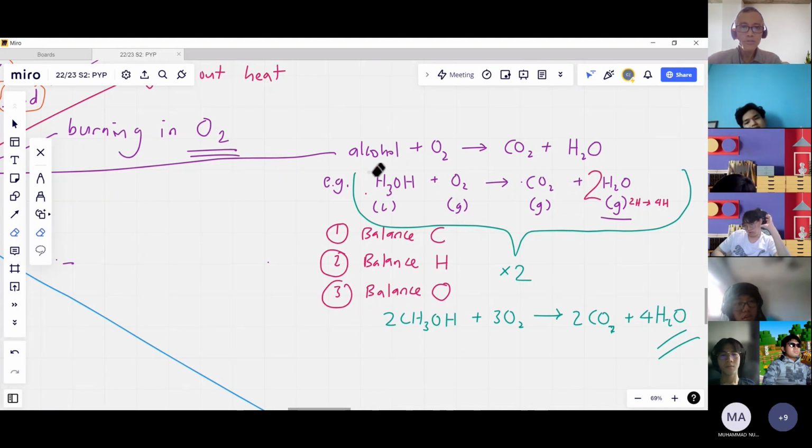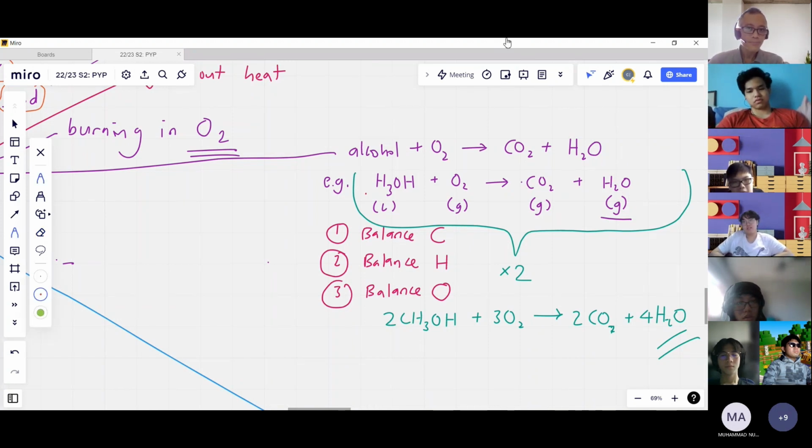So let's say I have my methanol here. Of course, make sure your methanol formula is correct. This is your methanol, and we mentioned earlier, the state is liquid.